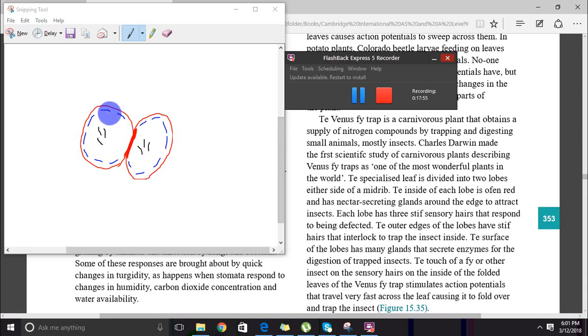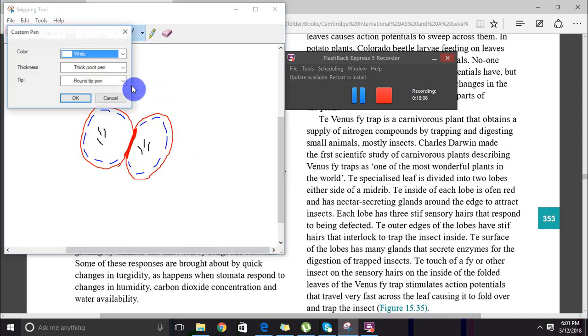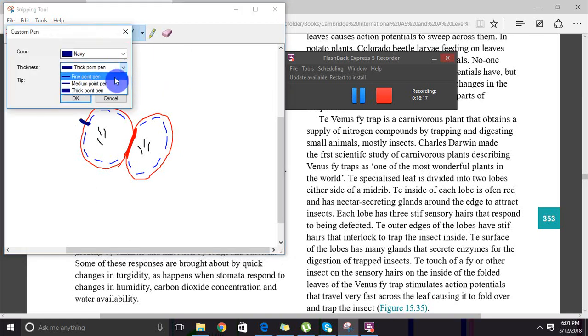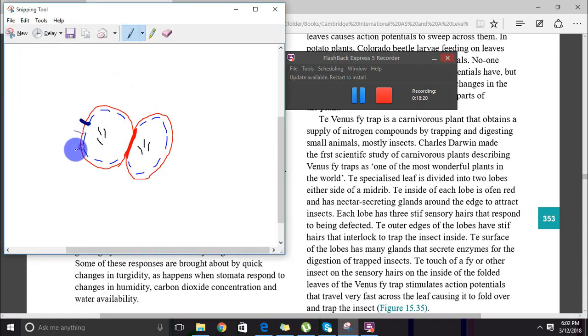Right? Now the outer edges have these closely located stiff hairs, and they're all the way over each lobe, arranged like this.